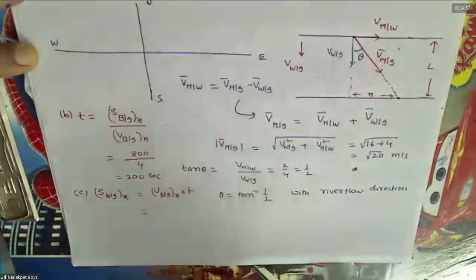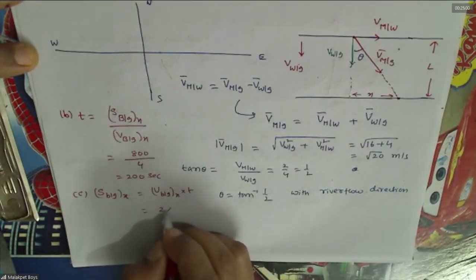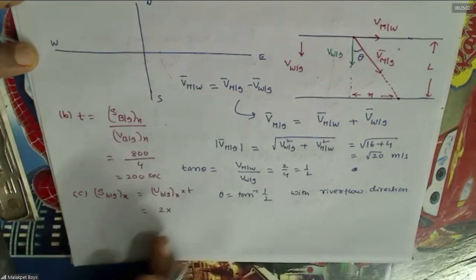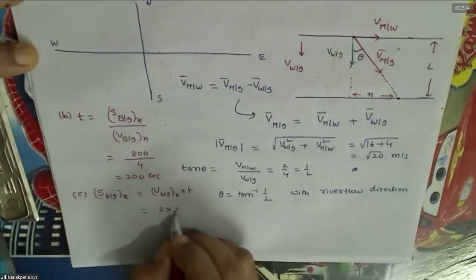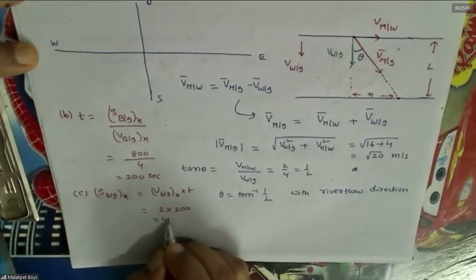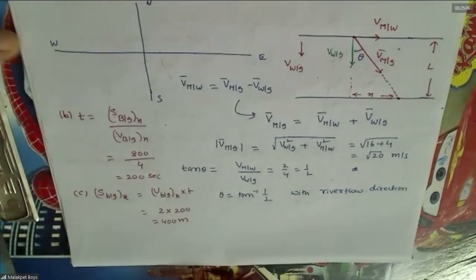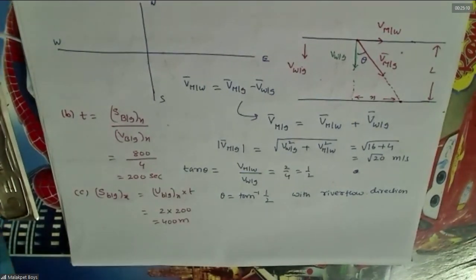So 2 into 200. Understood this? That means that fellow will reach here.